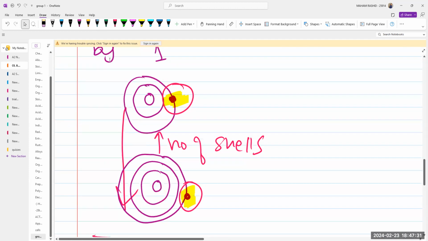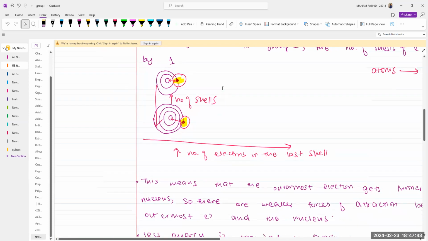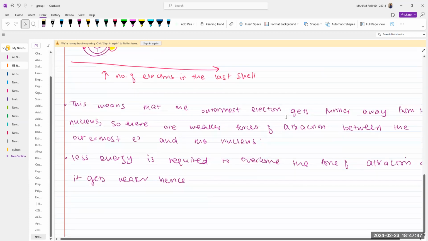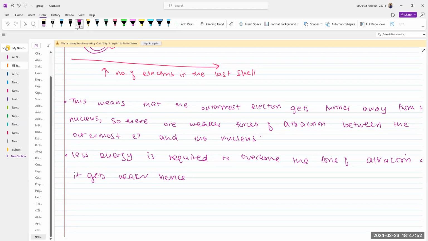If I zoom in here, we see that the distance between the nucleus and the outermost electron keeps increasing as you go down. So it keeps moving further away, which makes the force of attraction weaker. So as you go down, the last electron keeps getting easier and easier to get removed from the atom. It gets weaker, hence the outer electron is lost more easily.